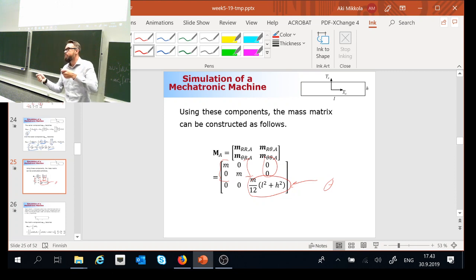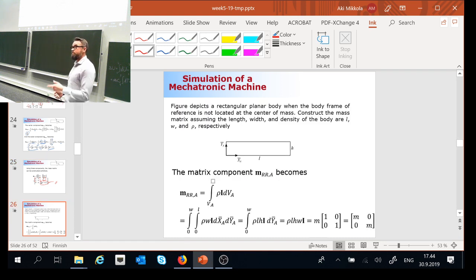Diagonal representation because the body reference coordinate system is located in the center of the mass. Please memorize this. Put it in your notes. In this case, this is how the mass matrix will look, because of the way the body reference coordinate system is located, and because I'm dealing with the generalized coordinates.